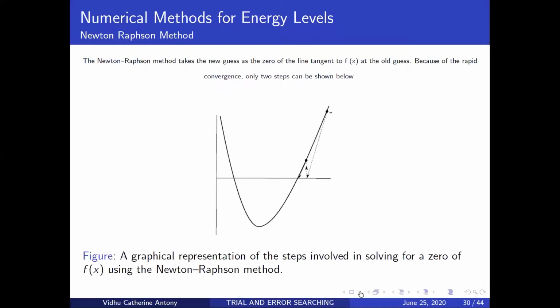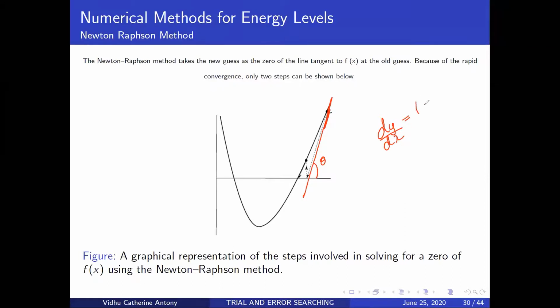So we take this point, we have this line here. If you remember, this dy by dx should give you a tan theta, and that is actually your slope, right?